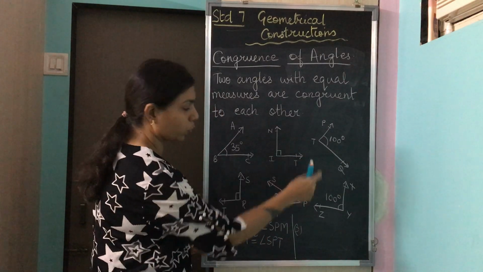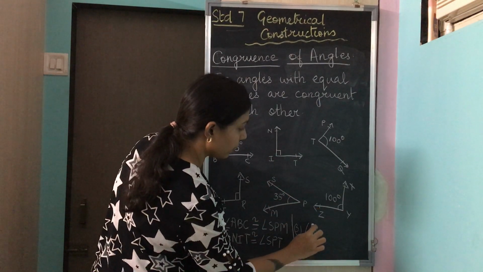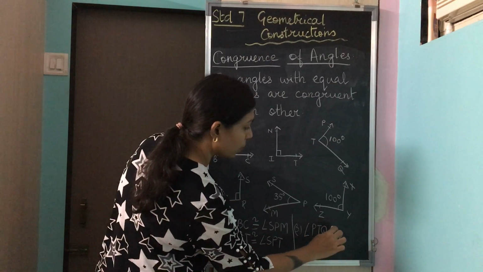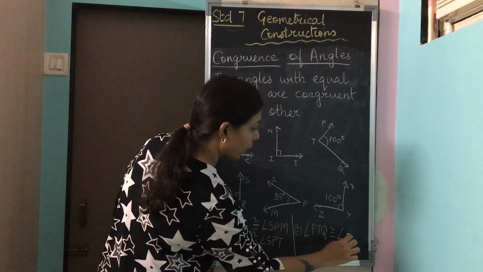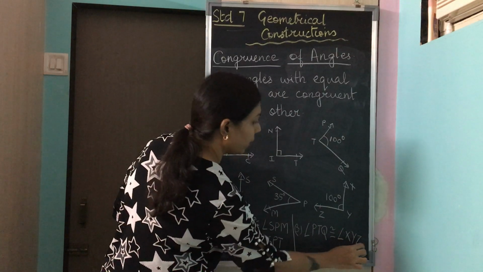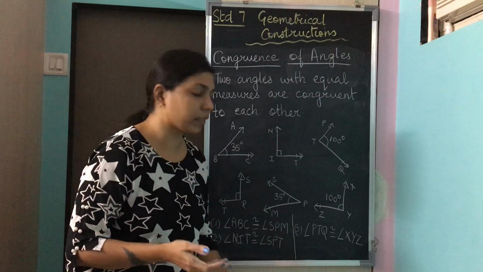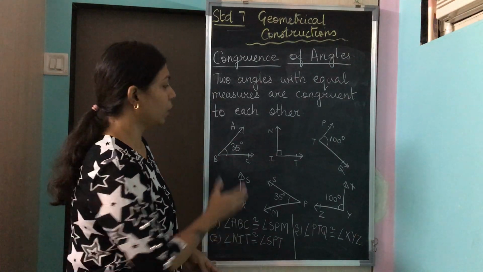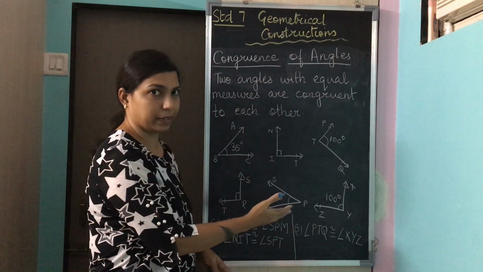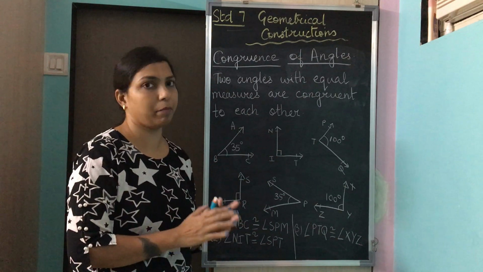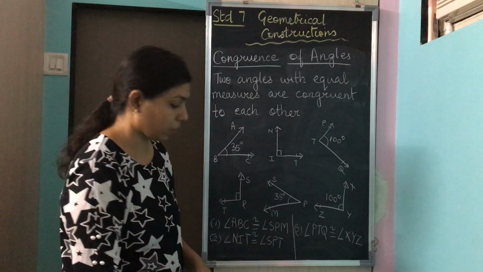And finally the third one, angle PTQ is congruent to angle XYZ. So when you are asked to find out whether the angles are congruent to each other, you have to look at the measurements of the angles and then pair up the angles which are having the same measurement. Please copy this down.